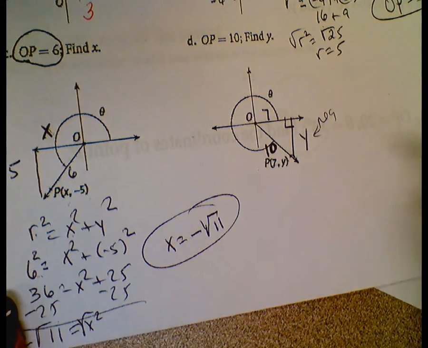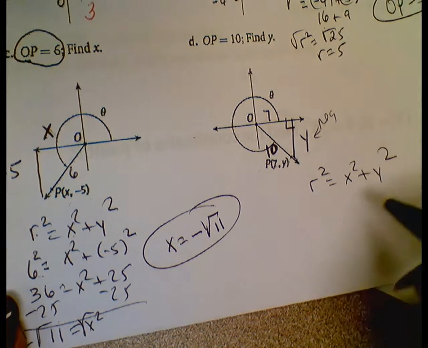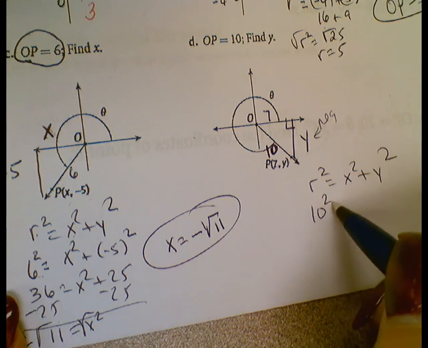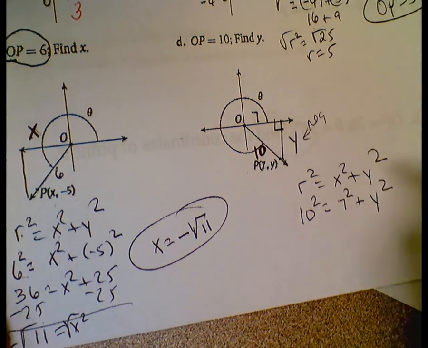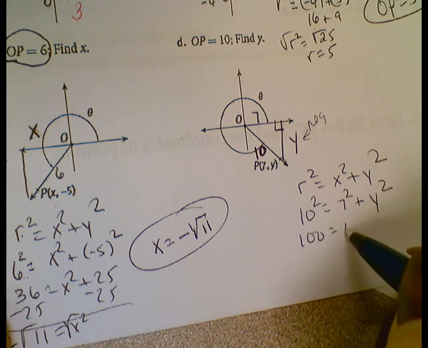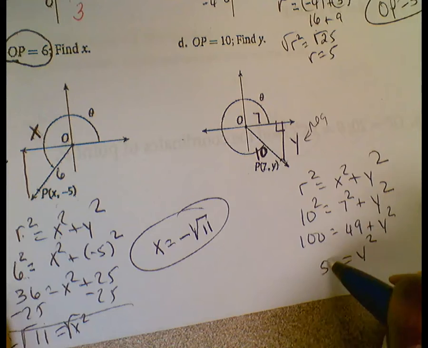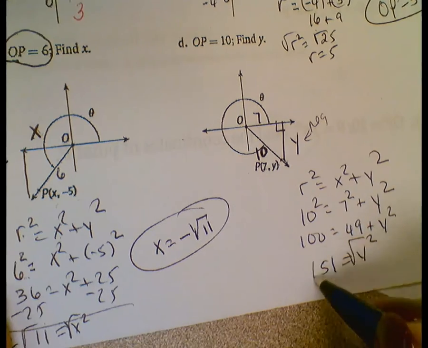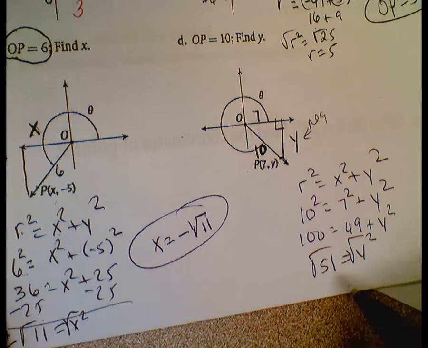That should be negative. So here's my r squared equals x squared plus y squared. So r squared is 10. X is 7. Y we don't know. 10 squared is 100. 7 squared is 49. Y squared is 51. Square root, square root. 51 is 3 times 17, and I can't reduce that.